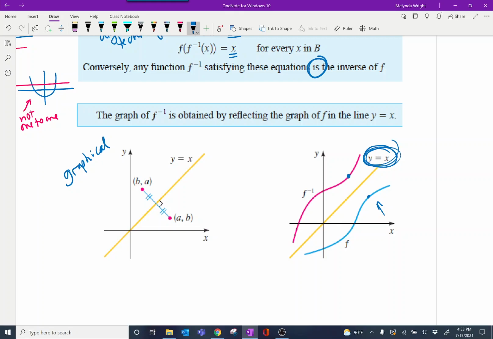See how that was the x and that was the y, and in the reverse, the y became the x and the x became the y. They've been flipped. That's how the points work, and those points are also reflected over the line y equals x. This would be the line of symmetry for inverse functions.